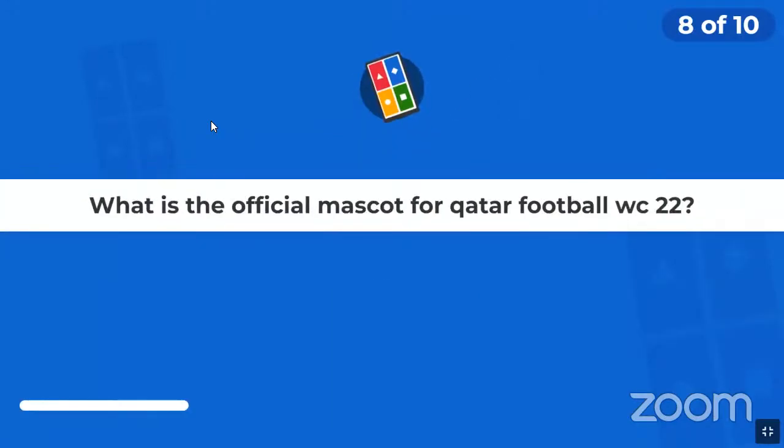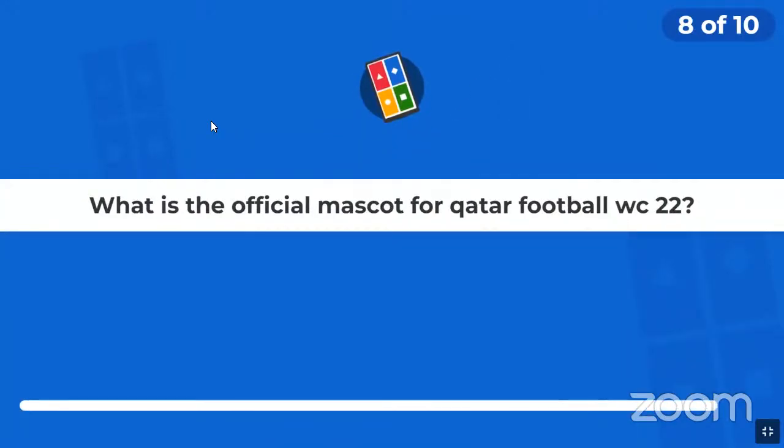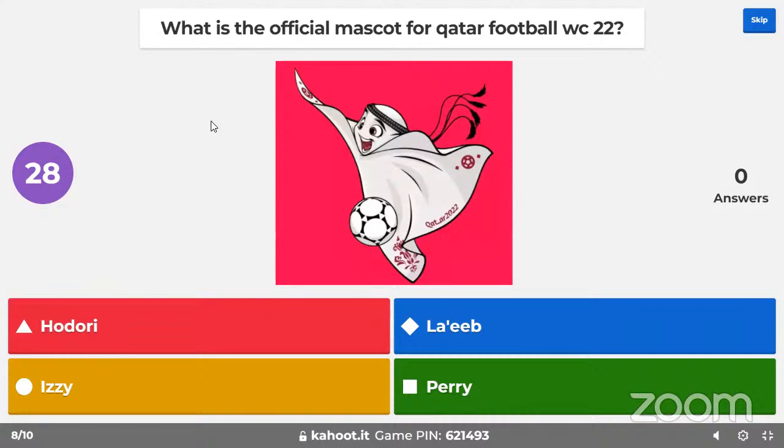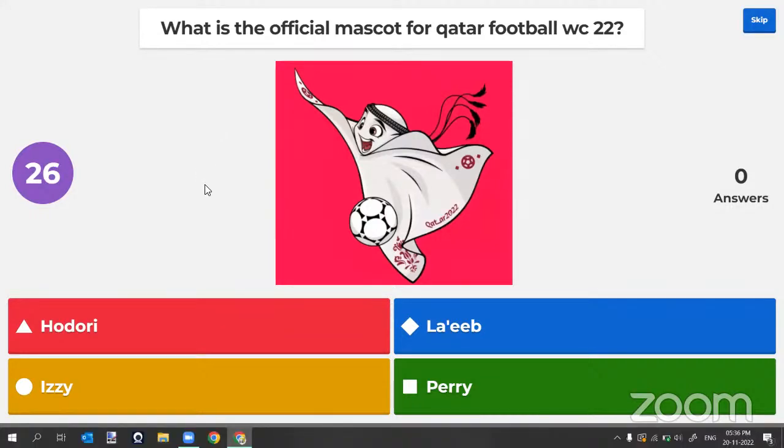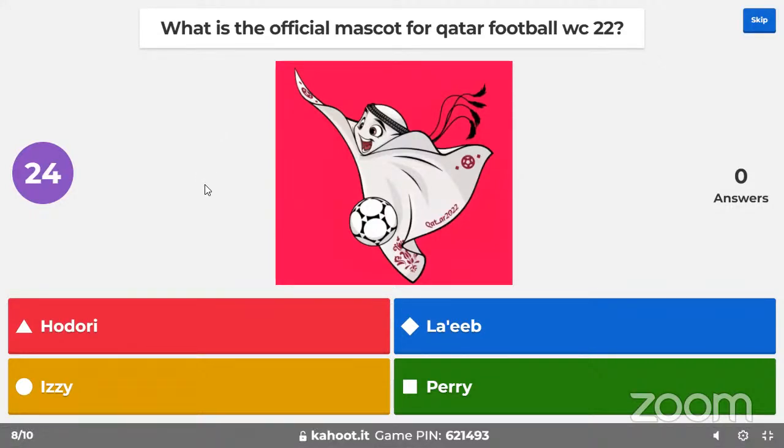Here is the 8th question for you. What is the official mascot for the Qatar Football World Cup 2022? And that is a current affair.